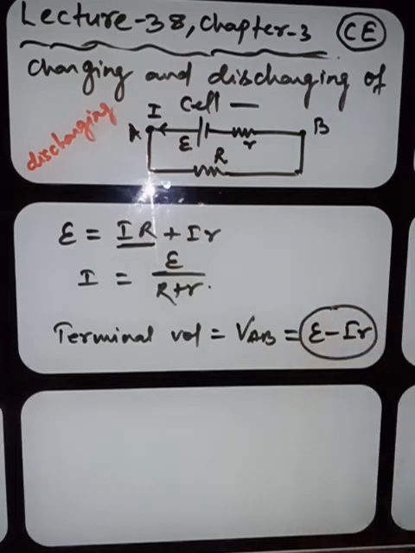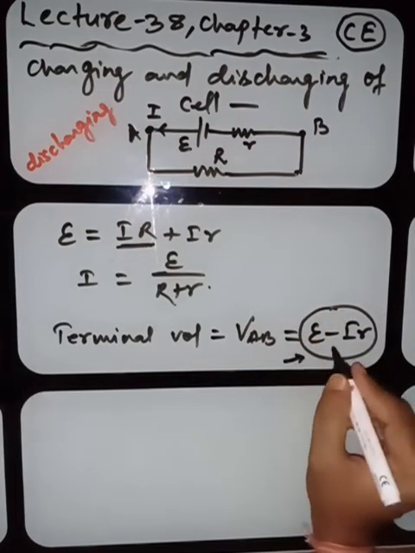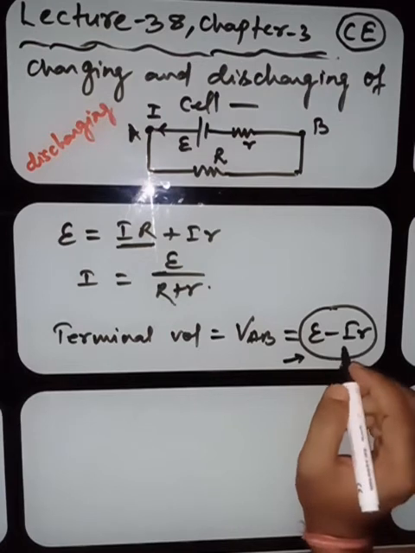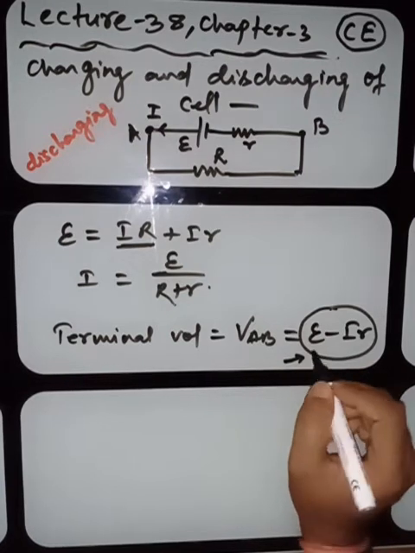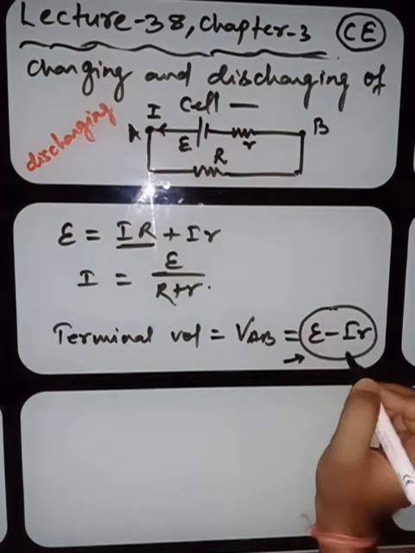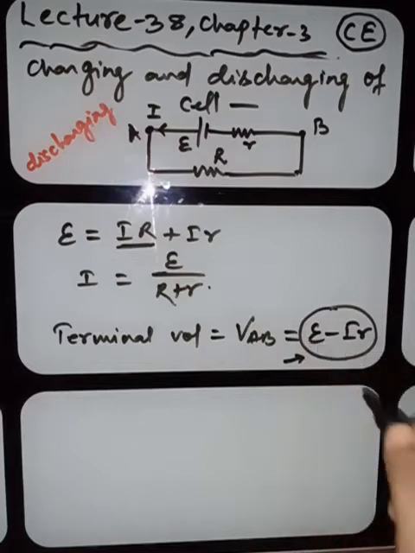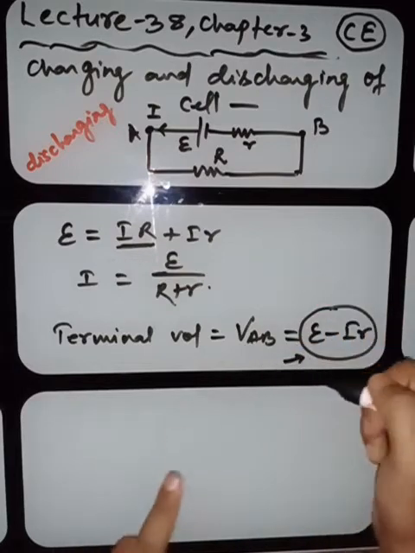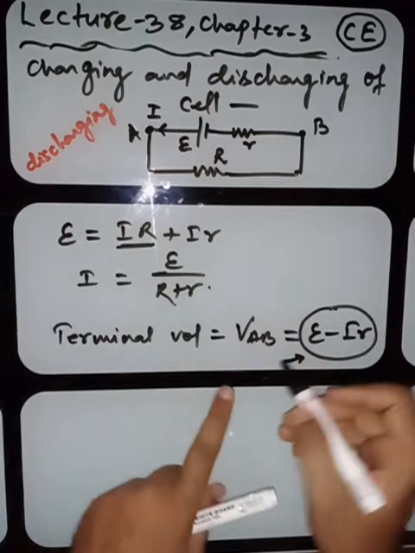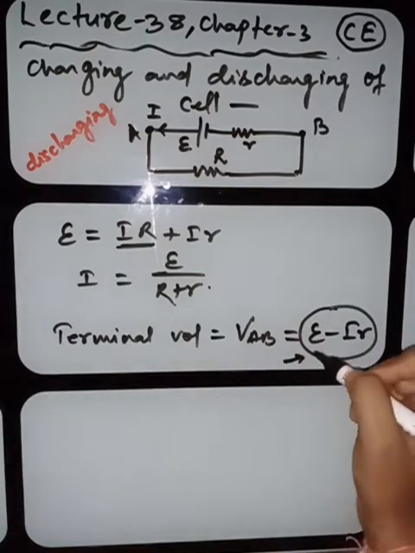Remember, in case of discharging, the terminal voltage will be E minus Ir, and this is very, very important, my dear students. So kindly note down, in case of discharging, the terminal voltage will be E minus Ir.